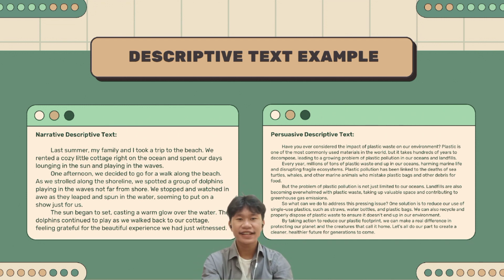So the second example is persuasive descriptive text. Have you ever considered the impact of plastic waste on our environment? Plastic is one of the most commonly used materials in the world, but it takes hundreds of years to decompose, leading to a growing problem of plastic pollution in our oceans and landfills.